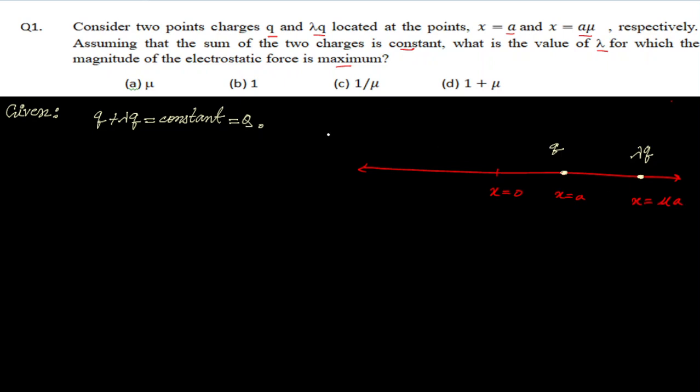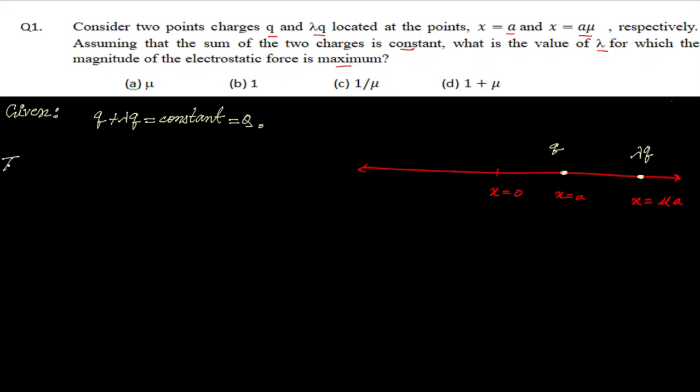So when the two charges are at fixed positions, we have to calculate for what value of lambda the force between these two charges is maximum, under the condition that the sum of the two charges is constant. First, let's write the force between these two charges.